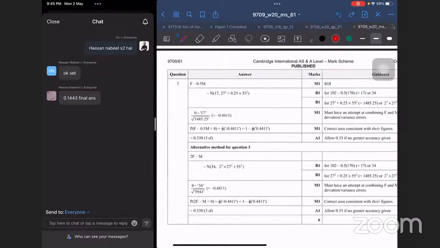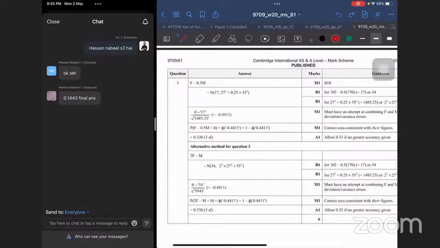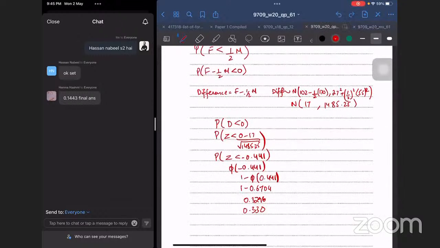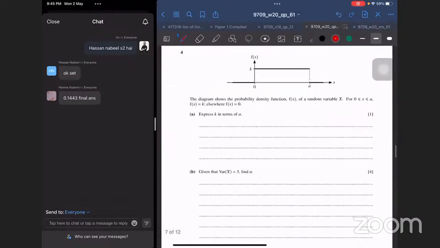They've done it in a different way, instead of having 0, in this case they have 0.5. And this gives this converted into a different sort of difference, which is absolutely fine.